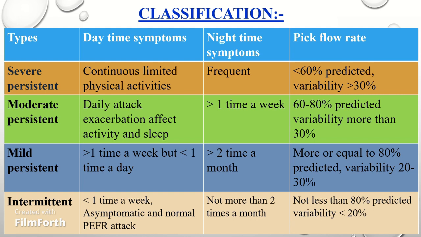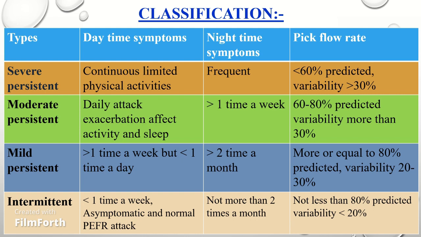Now, in the mild persistent, the symptoms will be more than one time a week, but less than one time a day. At night time, the symptoms will be more than 2 times a month, and the peak flow rate will be more than or equal to 80% predicted and variability will be 20 to 30%.